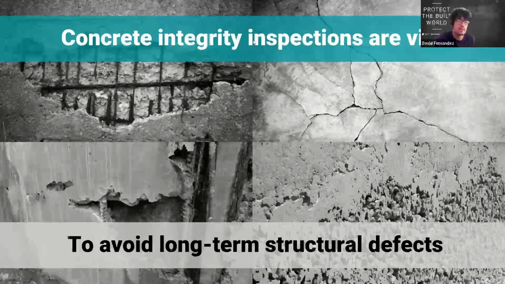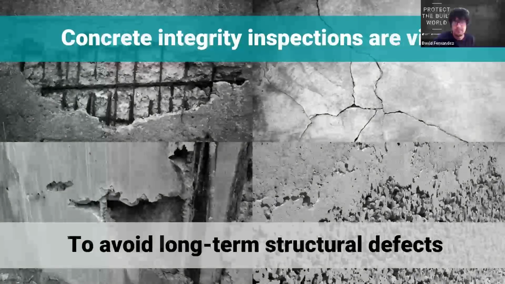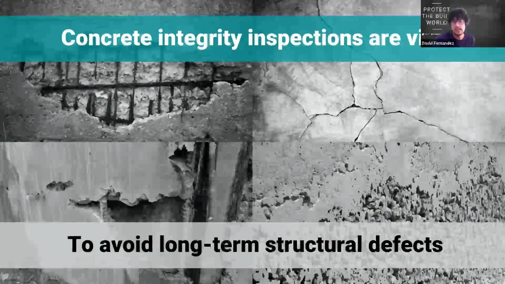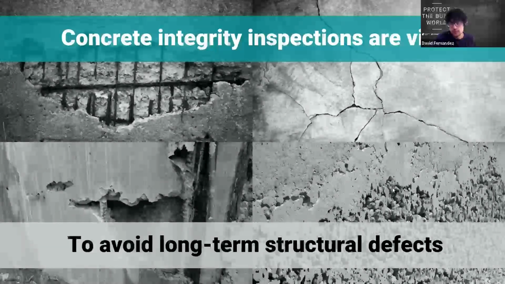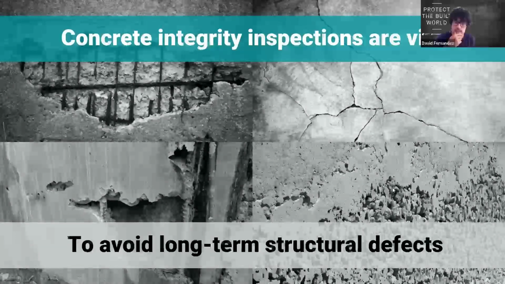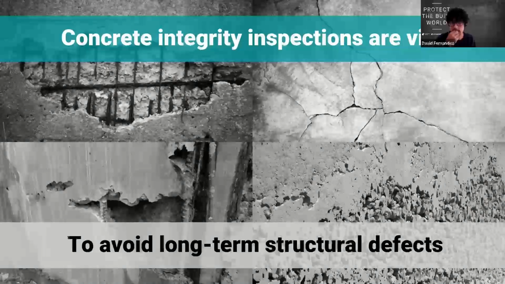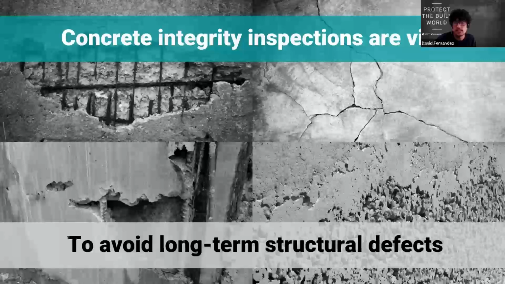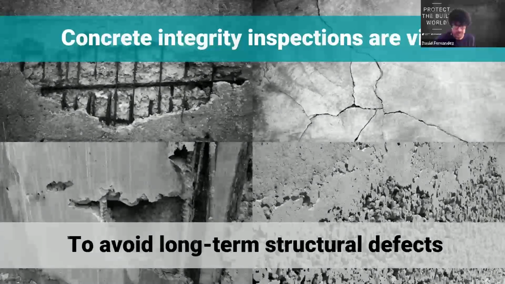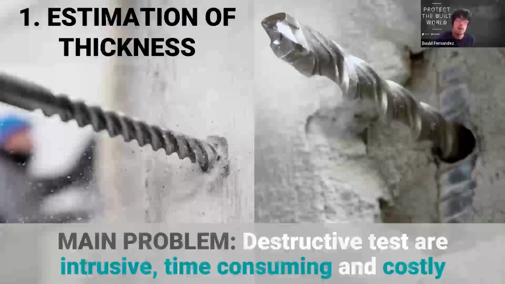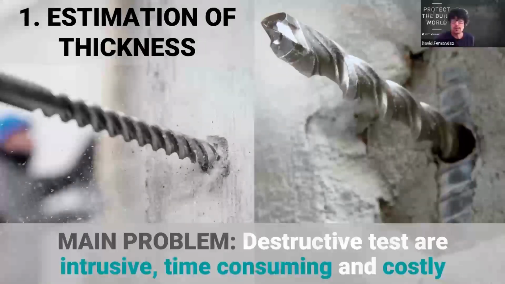Then you can also have corrosion that normally also causes laminations, honeycombs, etc. So that's why it's so important to prevent these damages that are going to affect the structural integrity by inspecting this infrastructure regularly, right?